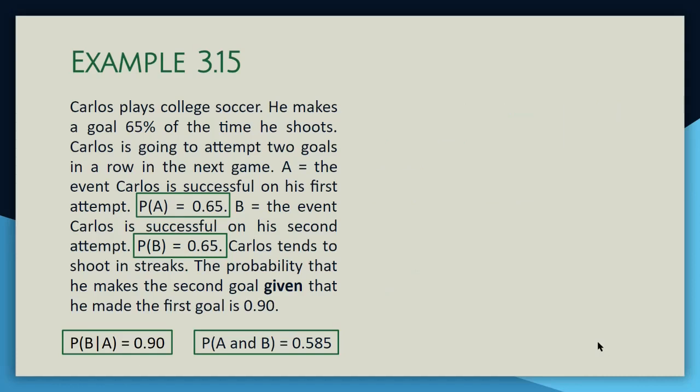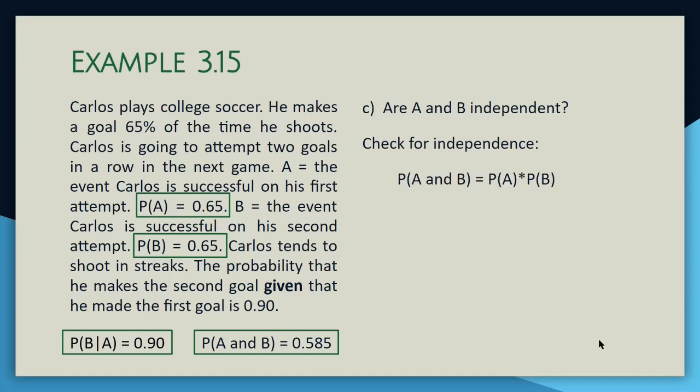Okay, next one. Part C says, are A and B independent? So we had 3 checks for independent. The easiest check is P(A and B) equal to P(A) times P(B)? The other checks are the given probabilities equal to the individual probabilities.